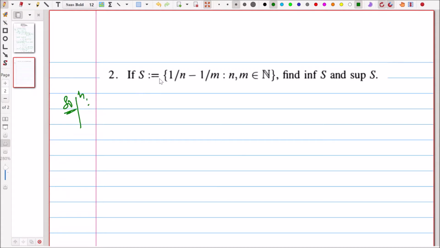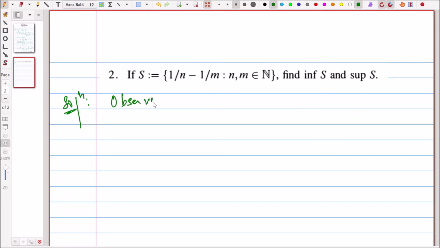If you observe, if we take n equal to 1 and keep on increasing m, then this number gets closer and closer to 1, because 1 by m goes to 0 when we keep on increasing m.